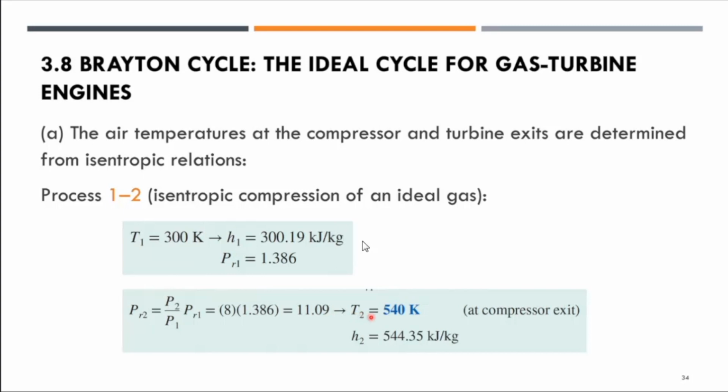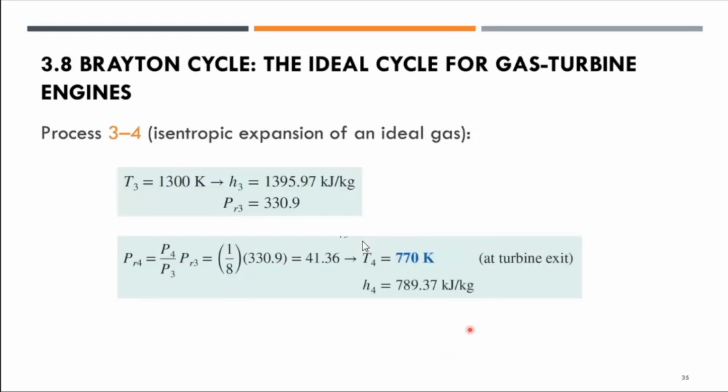So you then get the temperature at 2 to be 550 Kelvin at the compressor exit. From the table, you look at Pr2, which is 11.09, and read the corresponding values of temperature and enthalpy. This is the value of T2 and h2.